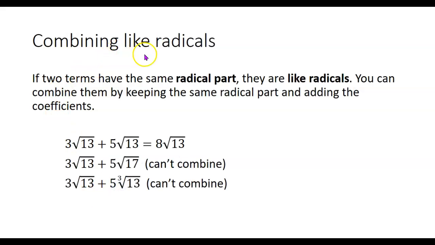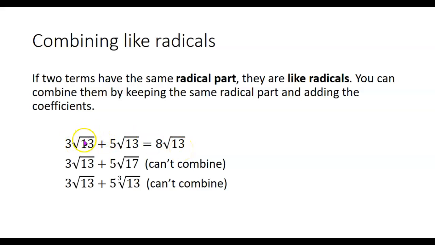So a similar thing happens when you have radical expressions. If two terms that are being added or subtracted have the same radical part, we could say they are like radicals, and you can combine them by keeping that radical part, the part that involves a root, the same, and then just adding or subtracting the coefficients. So for example, 3 times the square root of 13 plus 5 times the square root of 13 can be combined into 8 times the square root of 13.